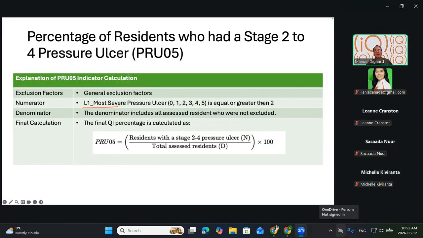If your most severe is equal to 2 or greater, so 2, 3, 4, 5. So pretty simple to calculate. If you have a 2 or more, you are part of that calculation.